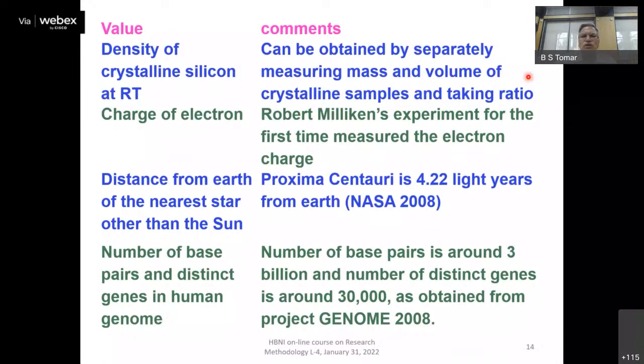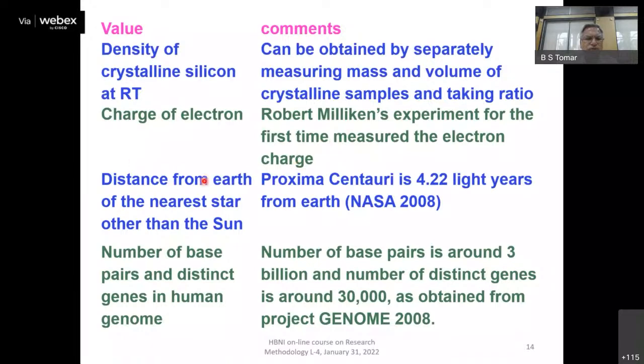So you can perform experiments on density of different types of materials. Similarly, the charge of the electron you want to measure, like Robert Millikan did in the early 20th century. For the first time, he measured the electron charge using the oil drop experiment.